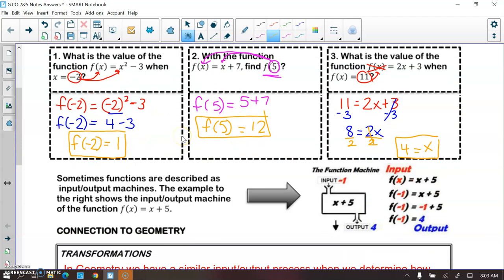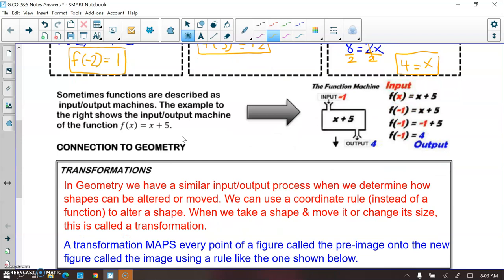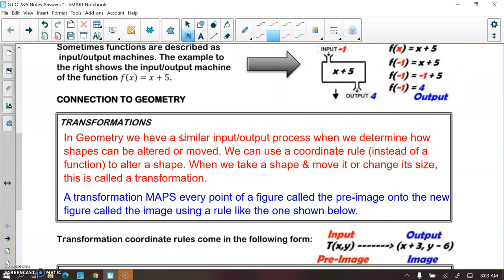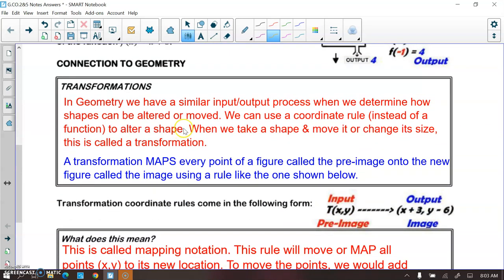Now, how does this connect to geometry? This connects to something called transformations, which is what we're going to be learning about. So in geometry, we do have this similar input-output process when we determine how shapes can be altered and moved. Sometimes you'll be given a shape on a graph, and I will ask you to move it to a new location.